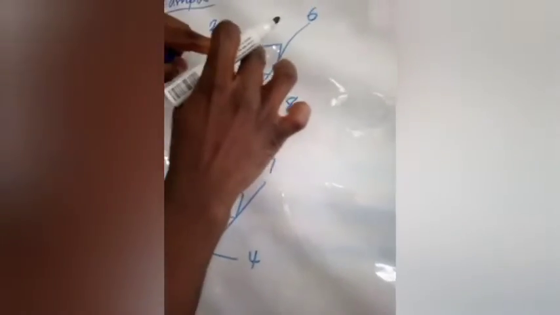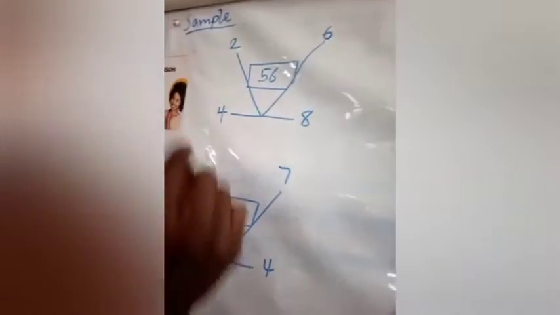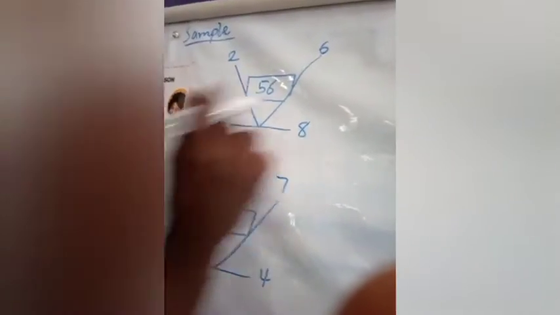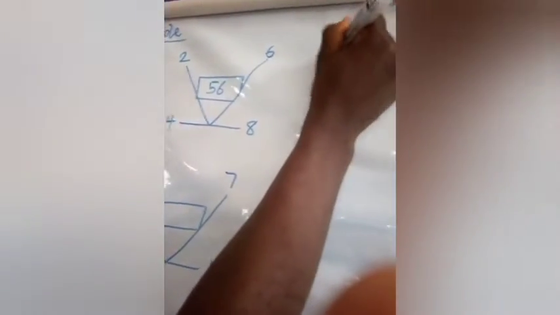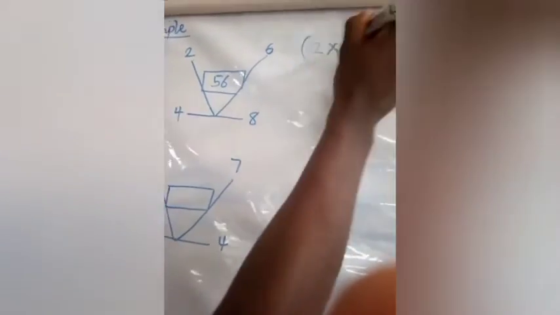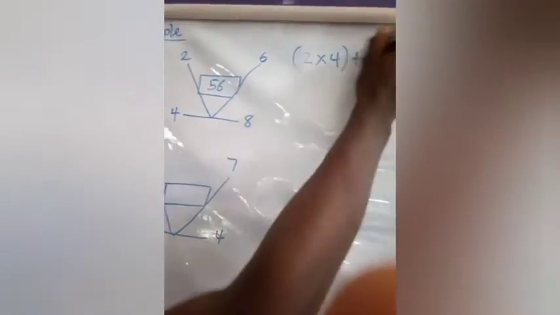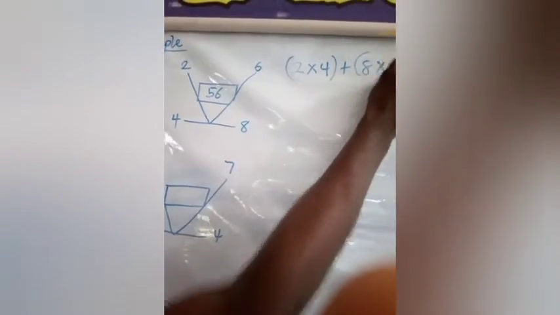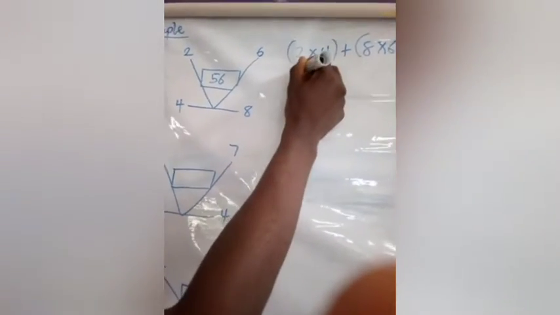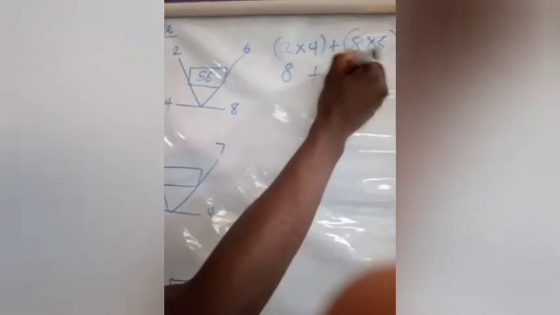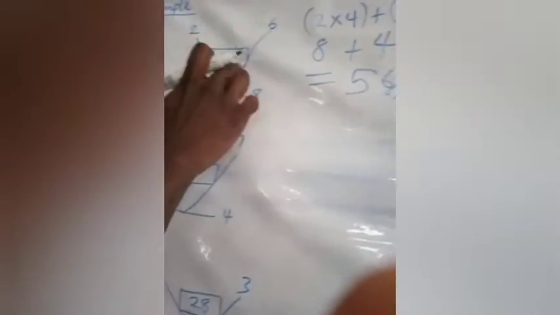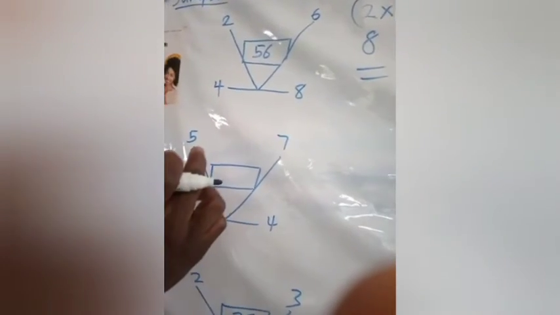To obtain this particular middle figure, the figure at the center here, you simply multiply these two. 2 times 4 plus 8 times 6. 2 times 4 gives us what? 8. 8 times 6 gives us 48. So 8 plus 48 gives us 56. That is how we obtain the figure at the center.